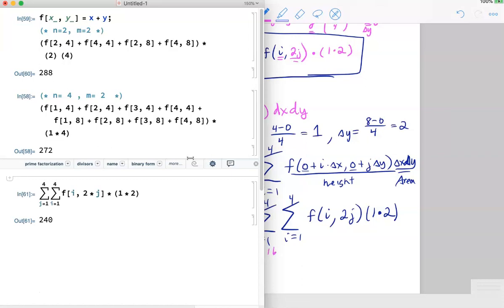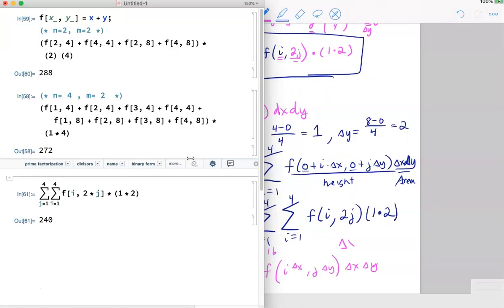Sorry, m. i would have gone from 1 to 8, and j would have gone from 1 to 16. And then we would have had the function evaluated at i times delta x, j times delta y, and then we would need to multiply by delta y, delta x.